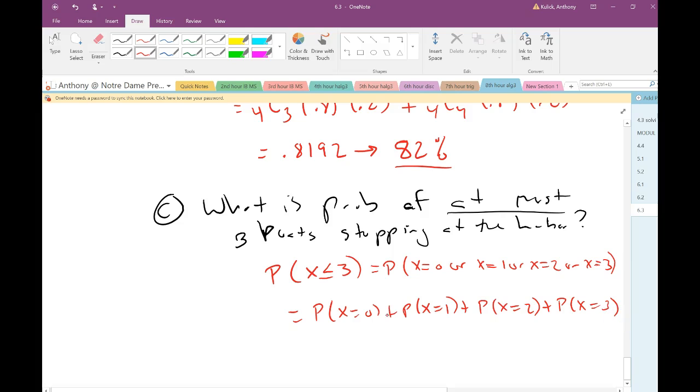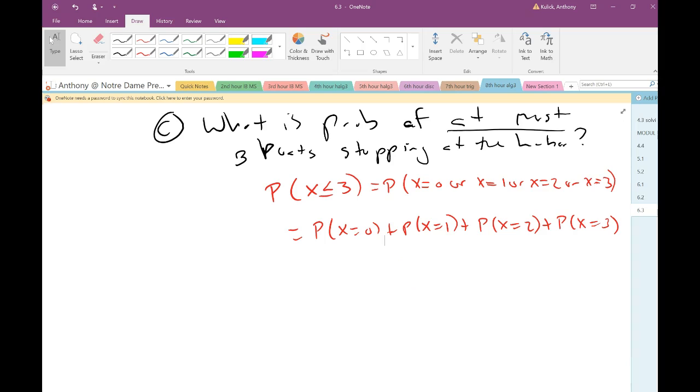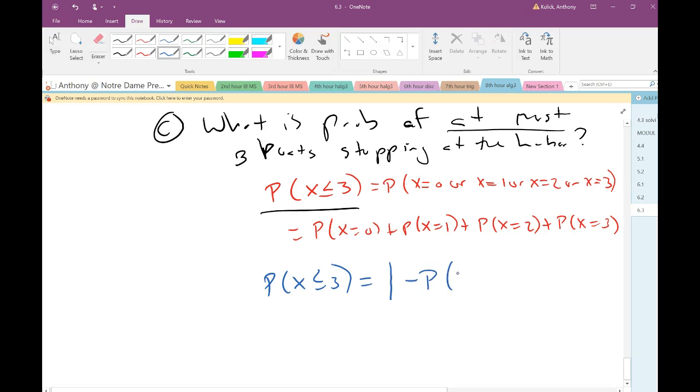And that gets to be a lot of typing in my calculator. Not that I couldn't do it, but it's a little bit time consuming, and there is actually a faster way to do this. This faster way is called the complement rule. What the complement rule says is that this is the same thing as everything, the 100%, minus whatever is not in there.